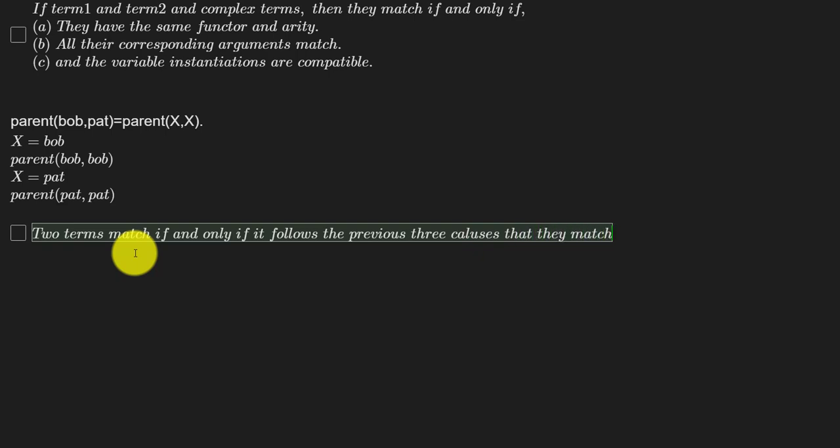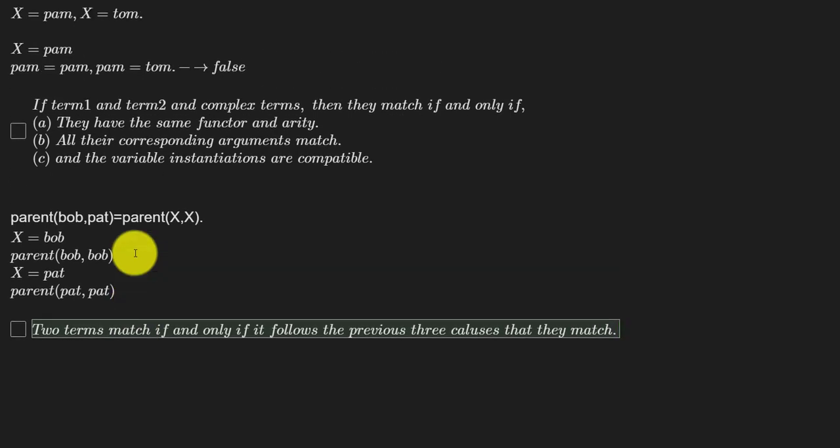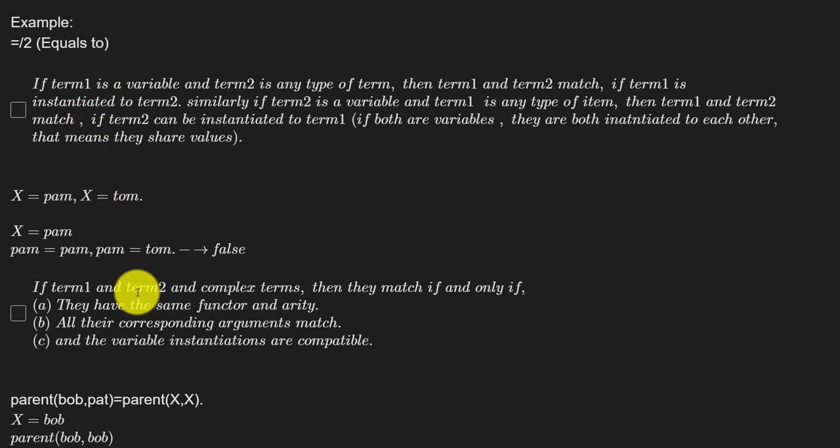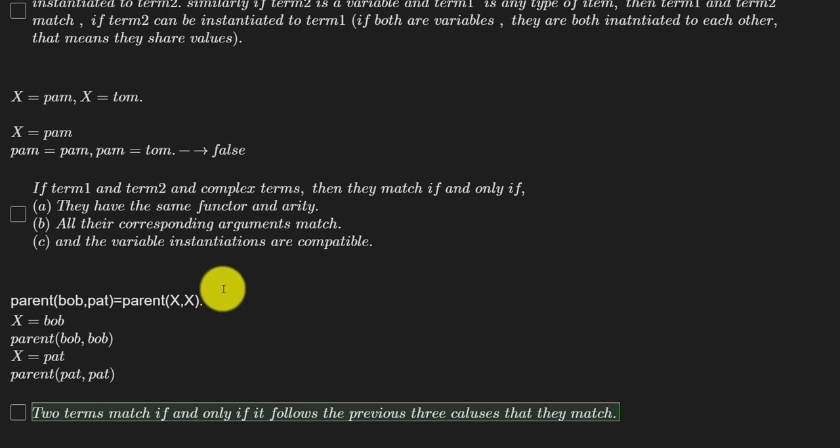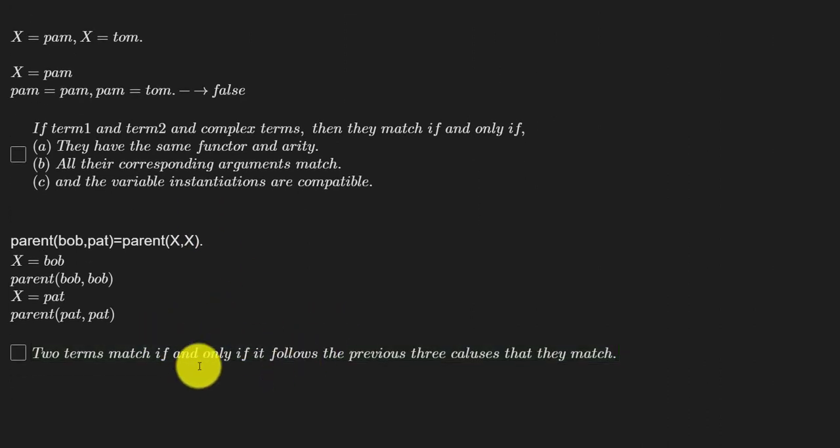That means these are the exhaustive rules. If you cannot find a match by applying these rules, definitely those two terms are not matching. So this is the most important rule for Prolog unification.